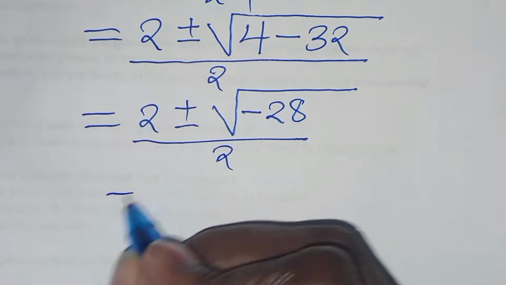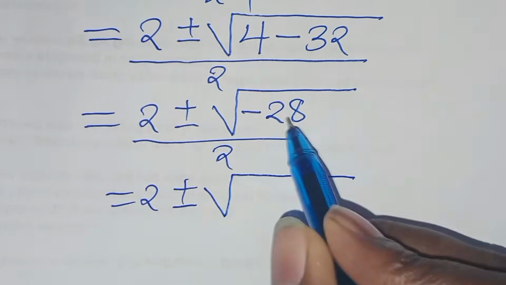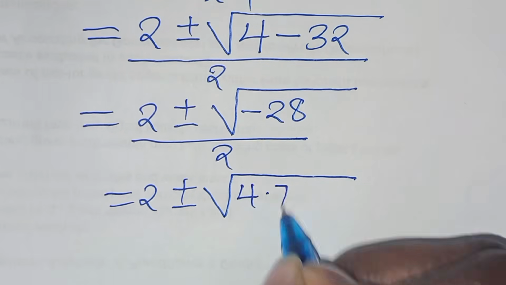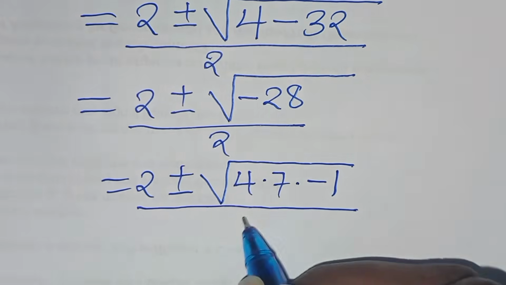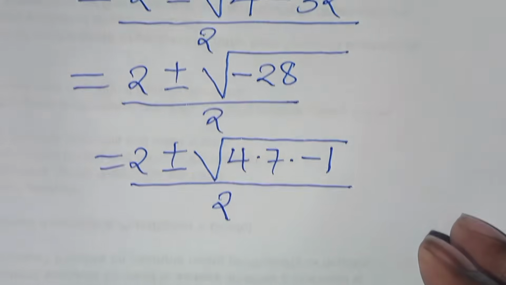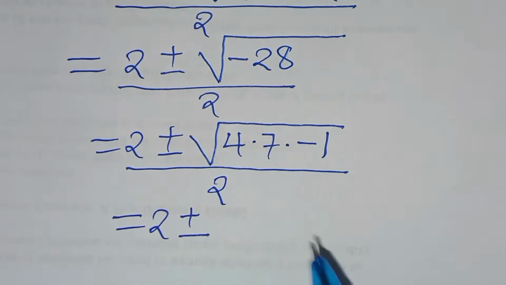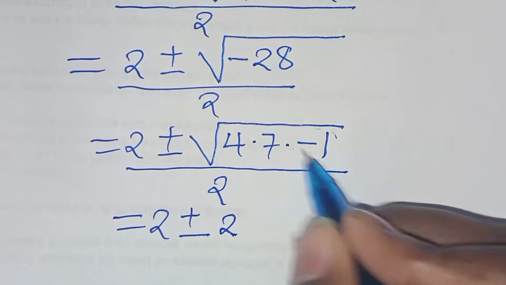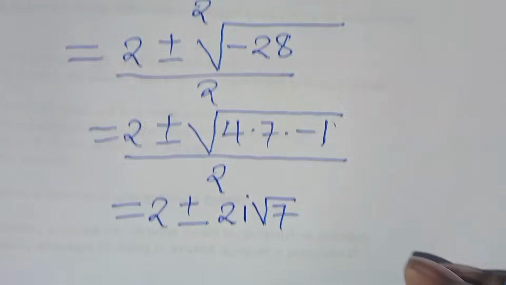So here we have 2 plus or minus, we can express the square root of minus 28 as 4 times 7 times minus 1. Everything here divided by 2. So here we have 2 plus or minus the square root of 4, this is equal to 2, square root of minus 1, this is i, then square root of 7.